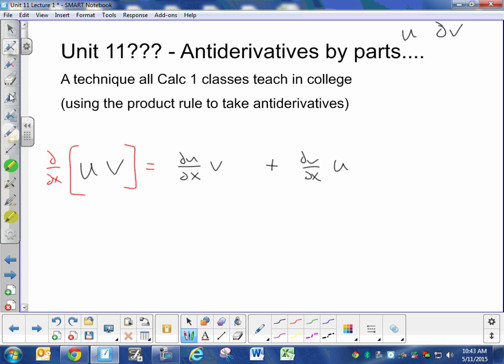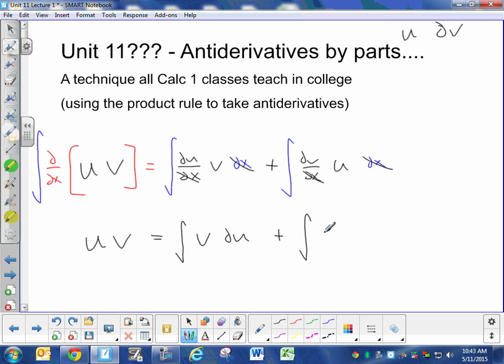And what I'm going to do is take the antiderivative of all of these things. I'll take the antiderivative with respect to x. Well, the antiderivative of the derivative is just going to be what I start with. Over here, I'm just going to write out these integrals, but I notice that these dx's cancel. So this is the antiderivative of v du. This is the antiderivative of u dv.